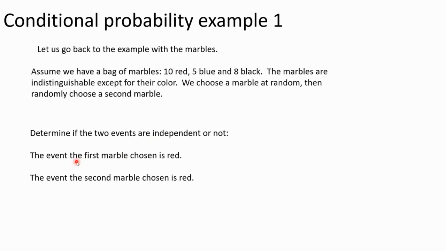The two events are the event that the first marble we chose is red and the event that the second marble we chose is red. We did do this last time, but now we're going to use conditional probability. Last time we argued logically that they're not going to be independent. Let's show that here as well.